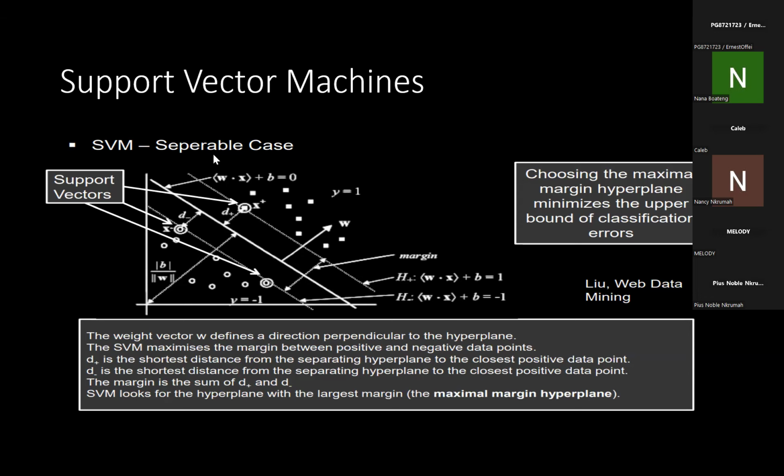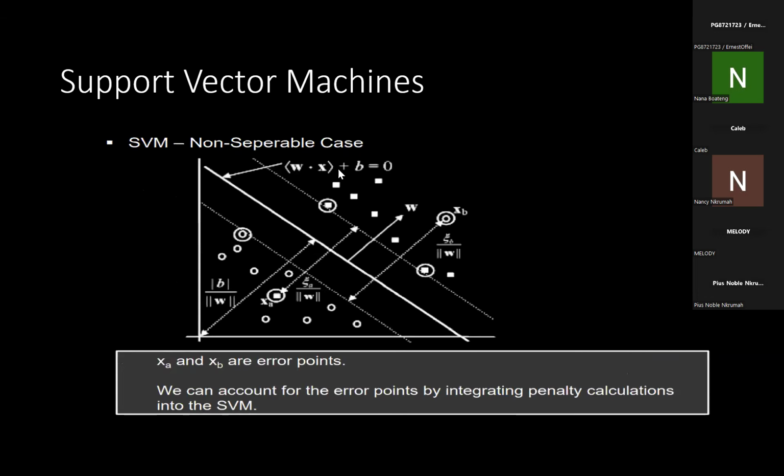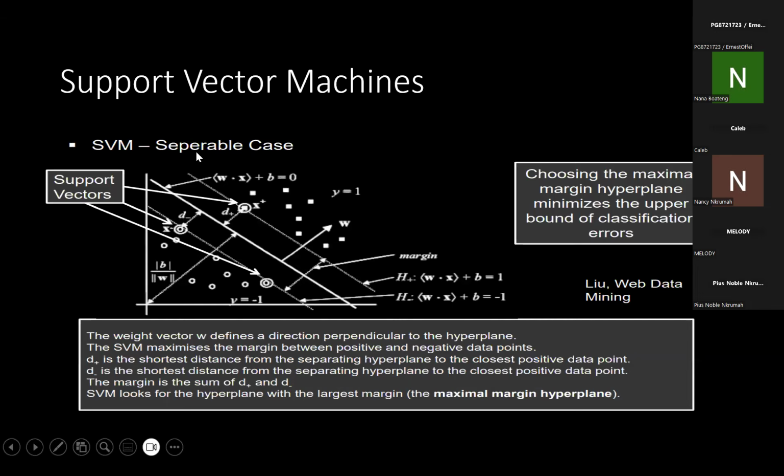All right. So here, for instance, sometimes when you have a linearly separable case, you see the square data points and then the round data points.